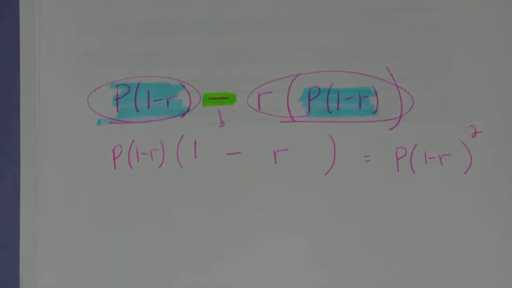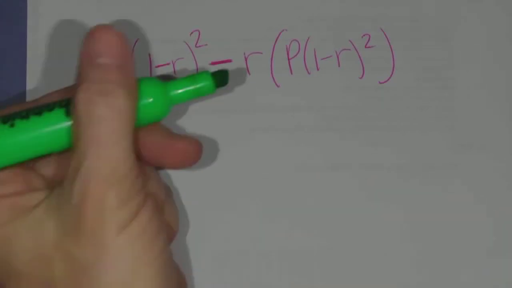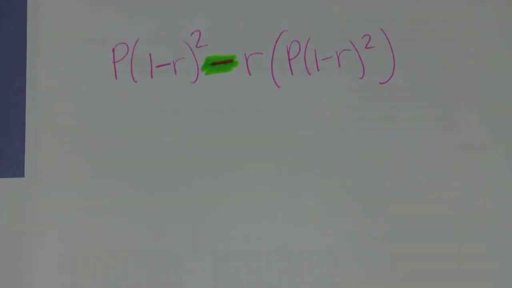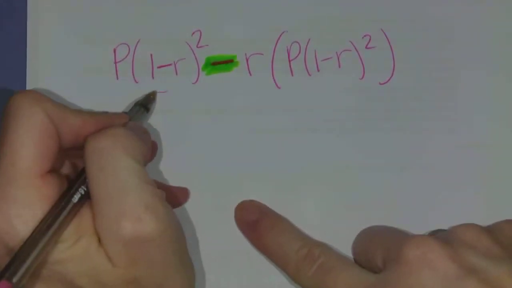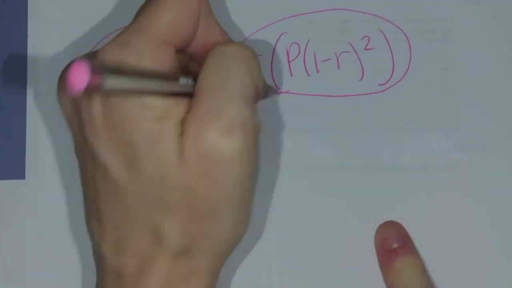Okay, and let's do one more. Let's do one more of these. Suppose you were to take this problem and factor by grouping. Okay, so again, let me highlight this minus. Let me circle this side of the minus and this side of the minus.